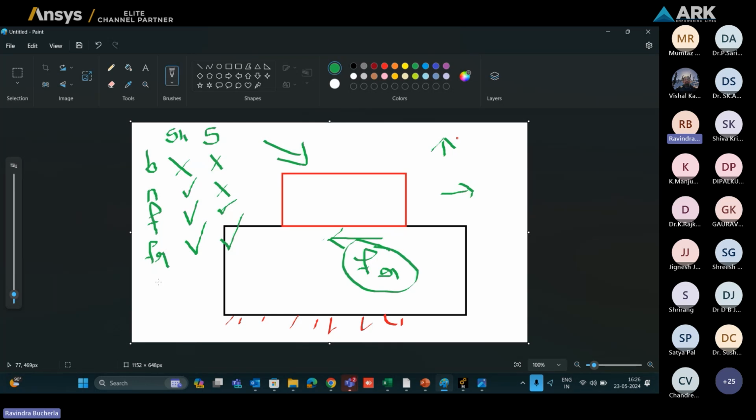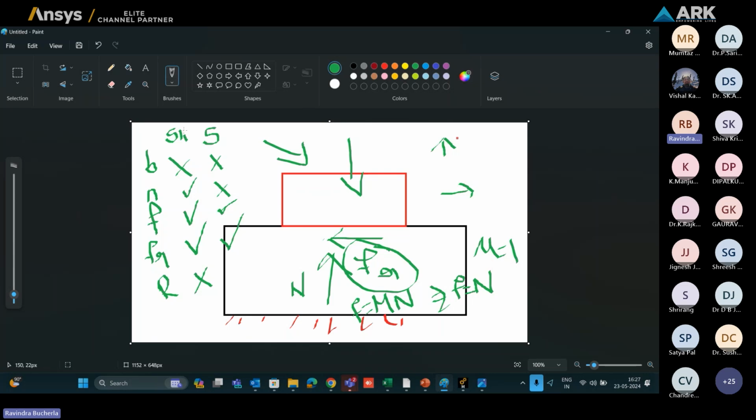And for a rough surface, there will not be any sliding, because whatever force we apply will be balanced by the frictional force, since the friction coefficient value is maximum. So frictional force F equals mu into N, where N is the normal force, and the complete force applied is balanced, so F equals N. The frictional force equals the normal force.